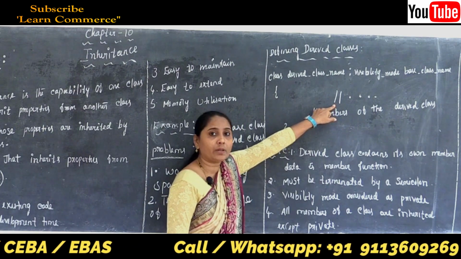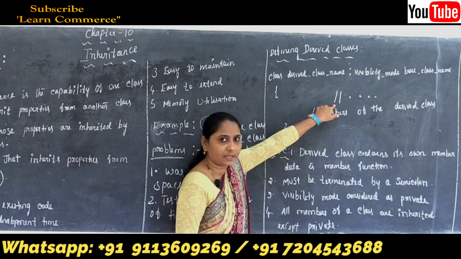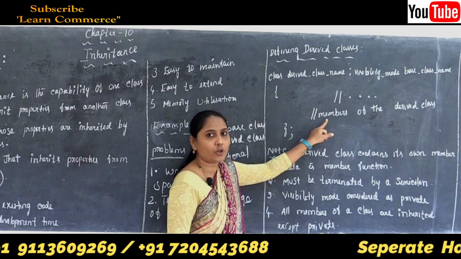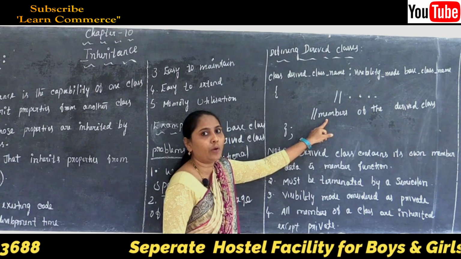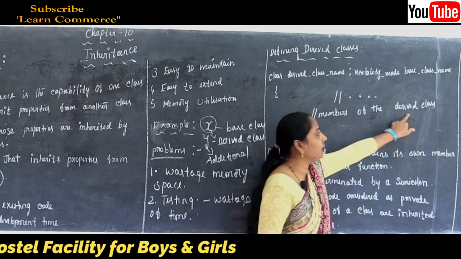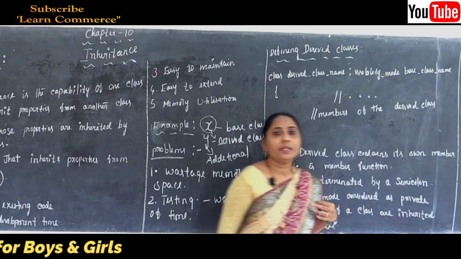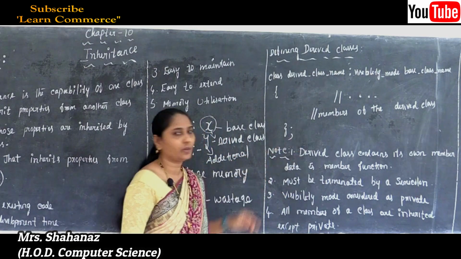The derived class does not contain just the features of the base class, it can also have its own additional features. So these are the members of the derived class. Clear this point here? And then the closing curly bracket and semicolon.